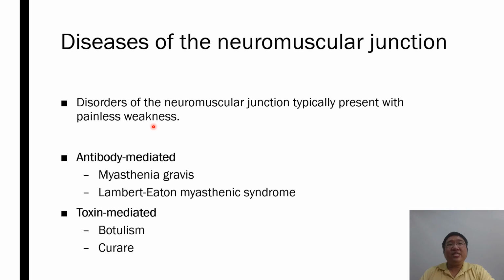Mechanistically, the diseases can be divided into antibody-mediated or toxin-mediated. Antibody-mediated conditions include myasthenia gravis and Lambert-Eaton myasthenic syndrome. The toxin-mediated conditions consist of botulism and curare.